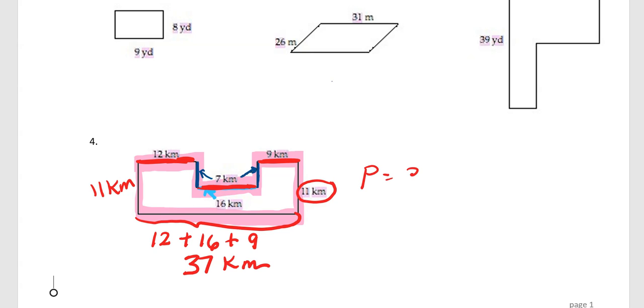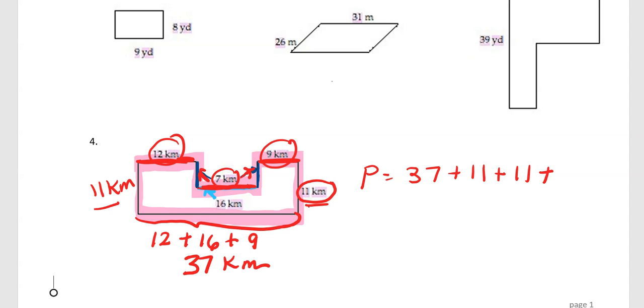In number 4, I add the 37 plus the 11 twice, since I have 11 here and 11 here. Then we'll need to add 7 twice, right?